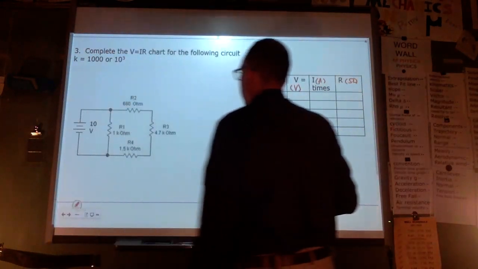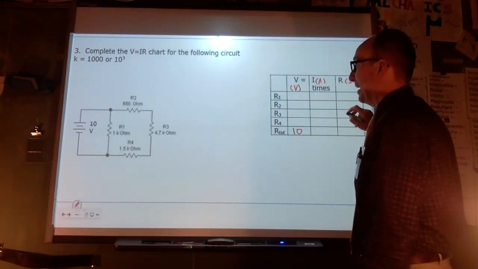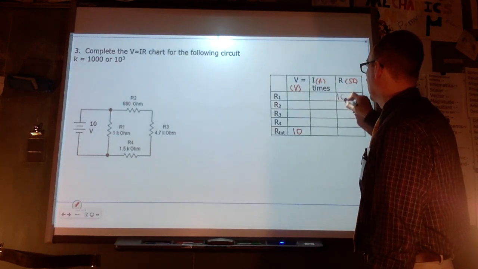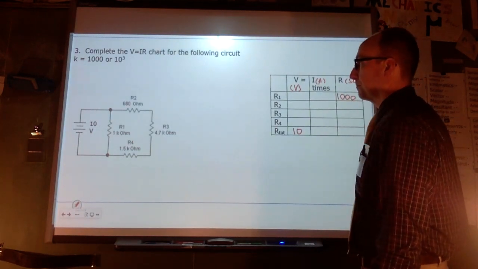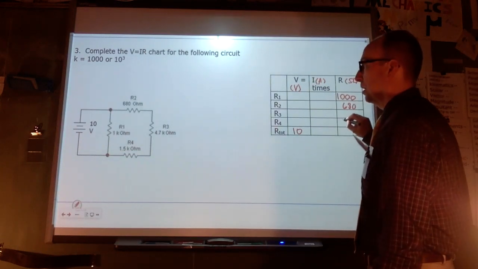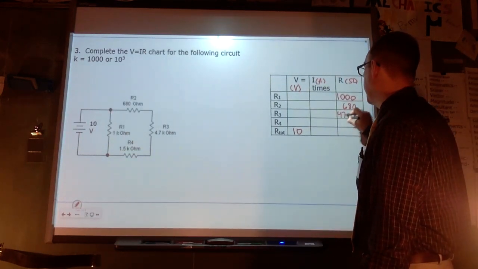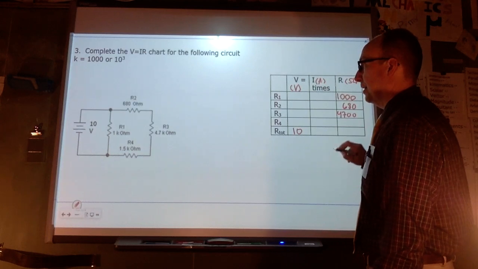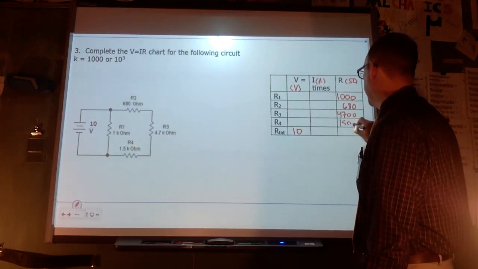R1 is 1,000. Remember that little K is 1,000. R2 is 680. R3 is 4,700. And R4 is 1,500.